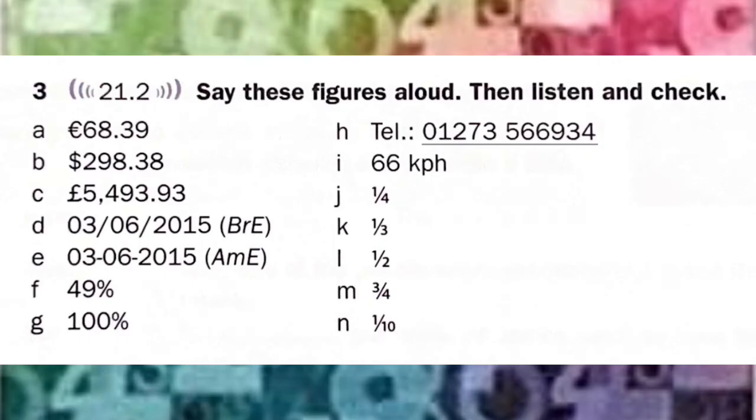Audio 21.2. A, €68 and 39 cents. B, $298 and 38 cents. C, £5,493 and 93 pence.